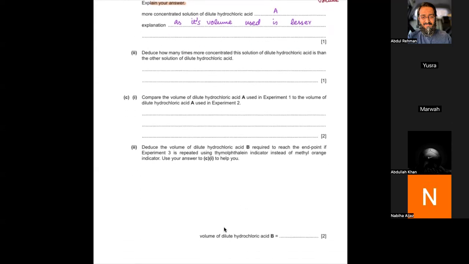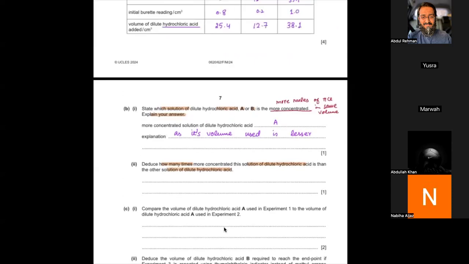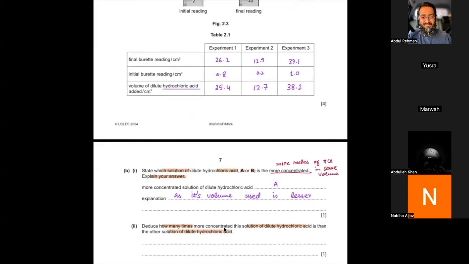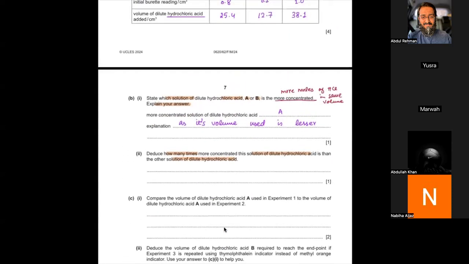Okay. Now, deduce how many times more concentrated this solution of dilute hydrochloric acid is than the other solution of dilute hydrochloric acid. It's easy: to find how much more concentrated it is, we have their volumes, so you can take the ratio of their volumes.